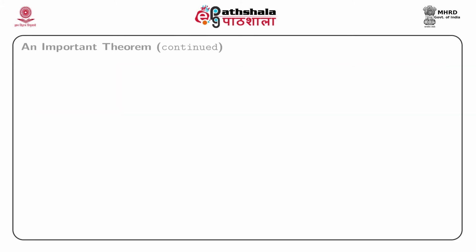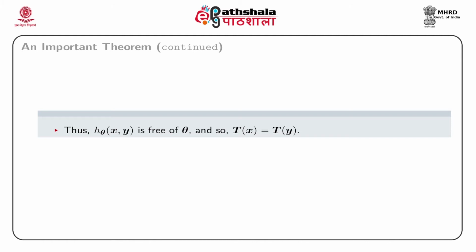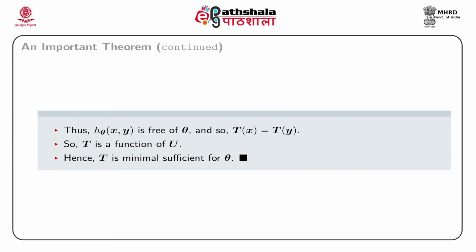Thus, h(θ; x, y) is free from θ. Now, by invoking the only if part, we claim that T(x) equals T(y). That is, T is a function of U. Now, the proof is complete.